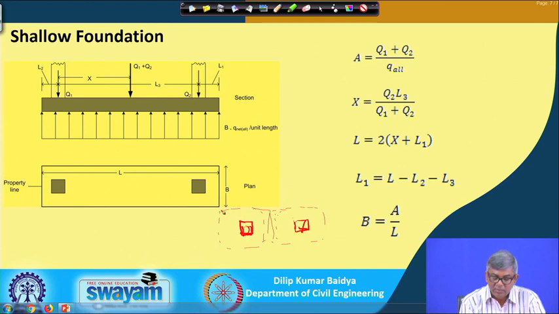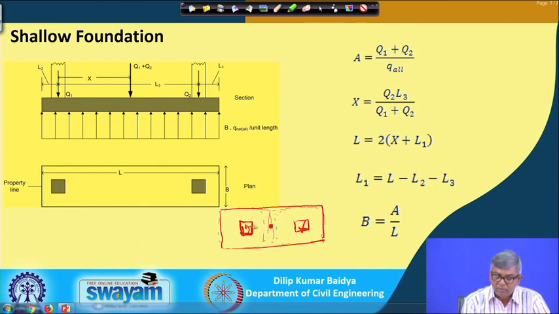In that case what will I do? I will combine them and make a common footing, and since everything is identical, the load and everything is the same, the CG will be here, and I can find out the area requirement. Suppose one load is Q1, another load is Q2, and your bearing capacity is Q allowable.